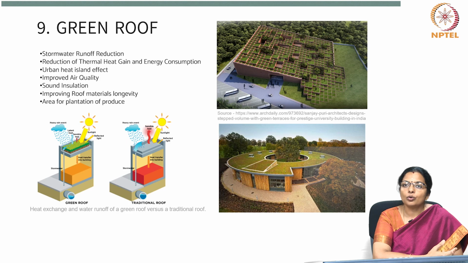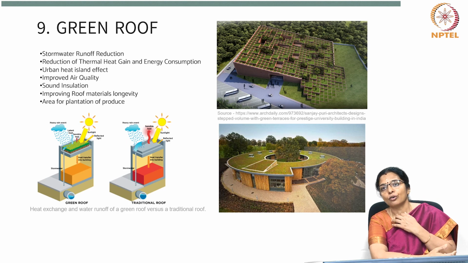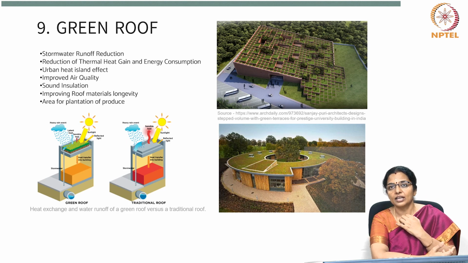It is known to improve air quality. There is better sound insulation, and improving roof material longevity is very important, and therefore you need to have proper insulation. You also get area for plantation of produce when you have the green roof.